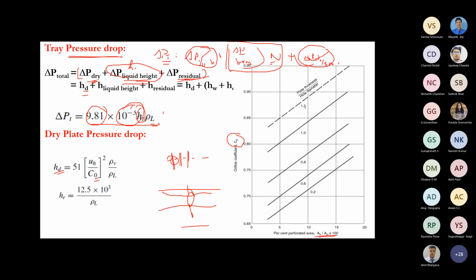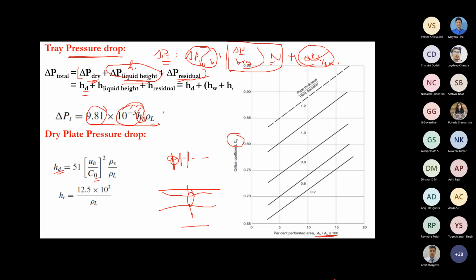Then the plate thickness to hole diameter ratio, that we know, is 0.4 to 0.7. If you know this AH by AP, you can calculate the value of C0.